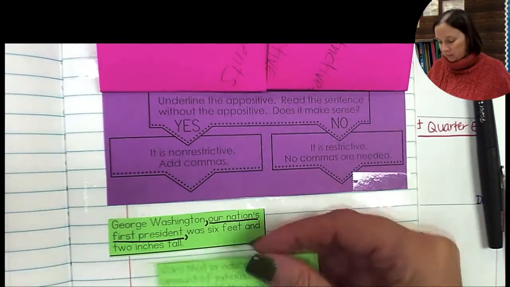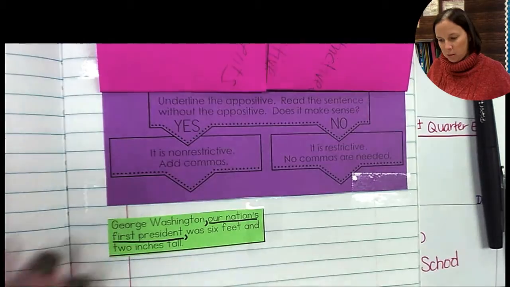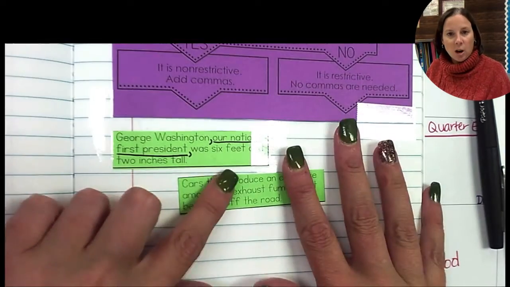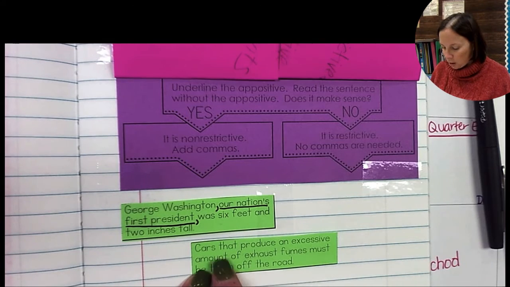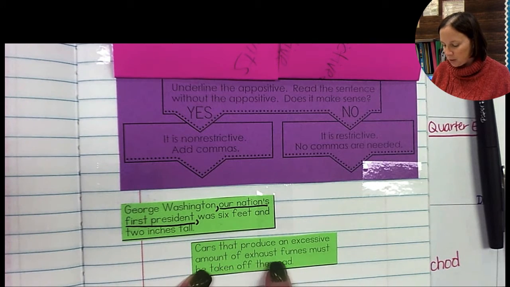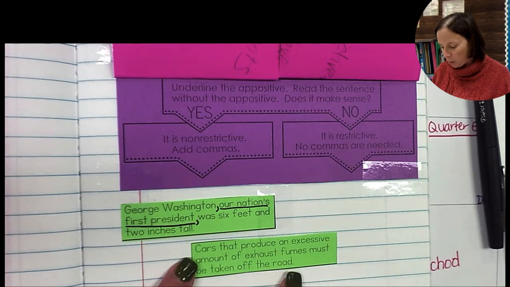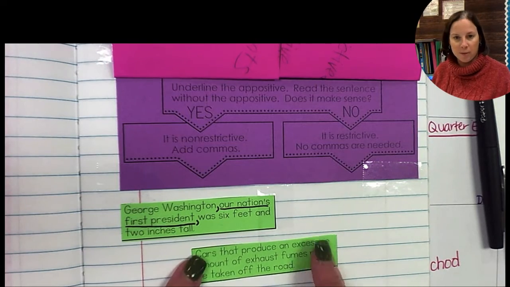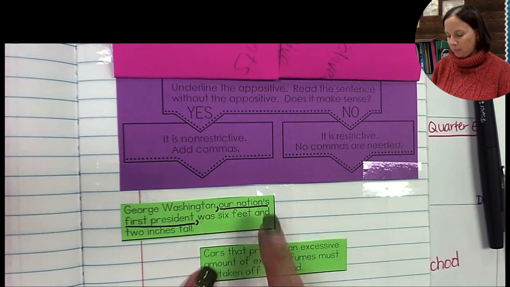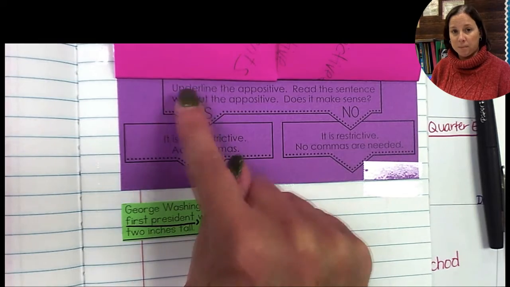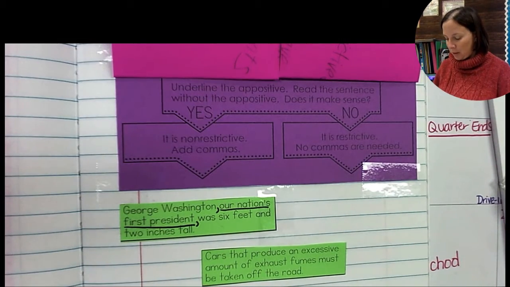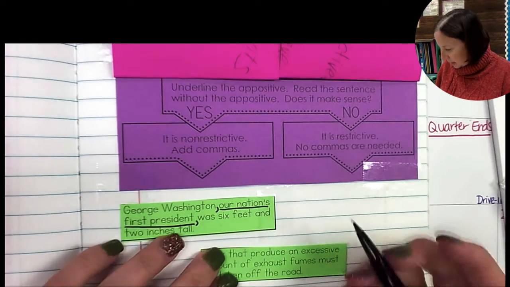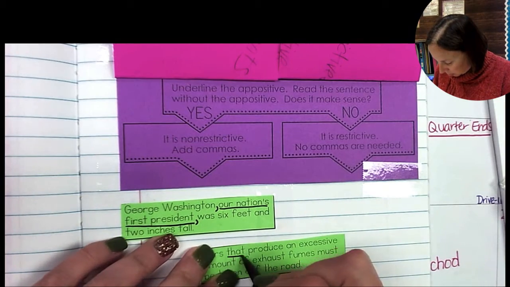Next one that I have is this one. Find the one that says cars that produce an excessive amount of exhaust fumes must be taken off the road. I'm going to follow the exact same steps. Underline the appositive: cars that produce an excessive amount of exhaust fumes. This is renaming cars.